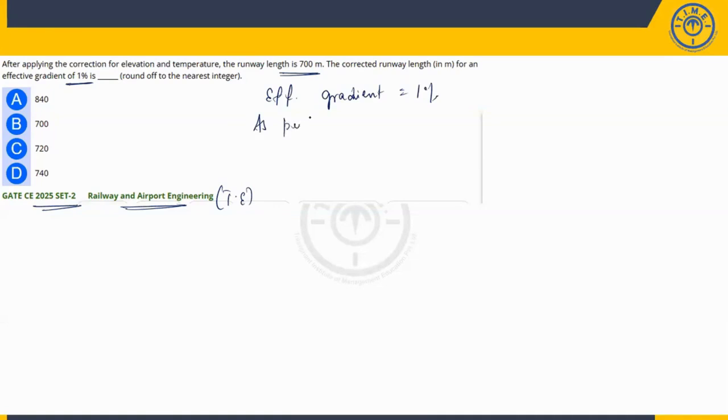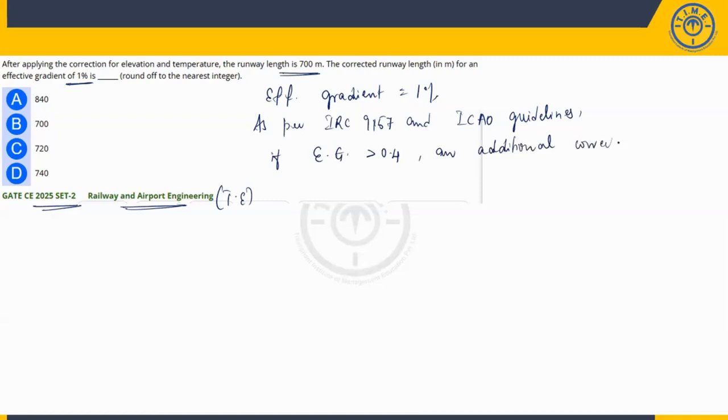As per IRC, Indian Roads Congress 9157 is the code number, and ICAO, International Civil Aviation Organization, up to an effective gradient of 0.4, no correction is needed.